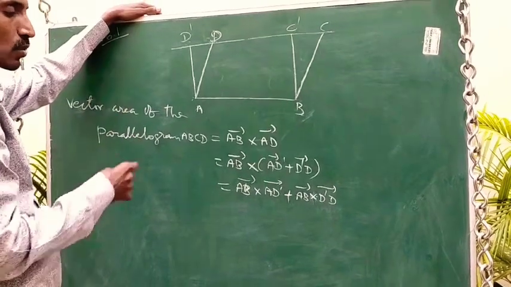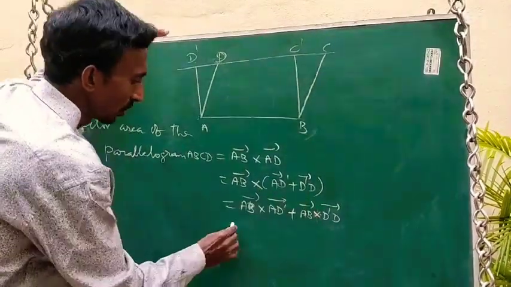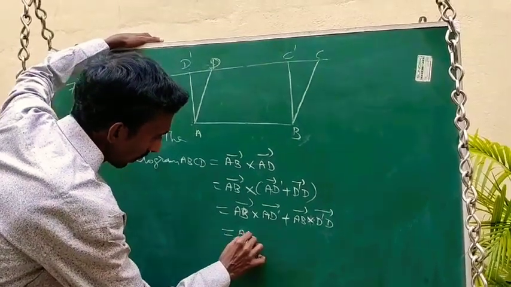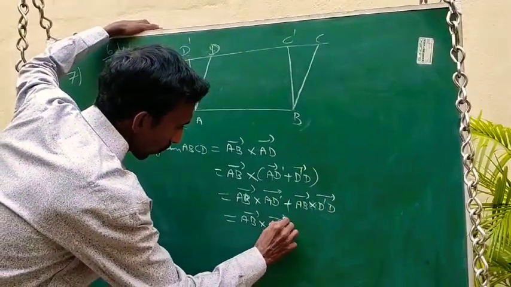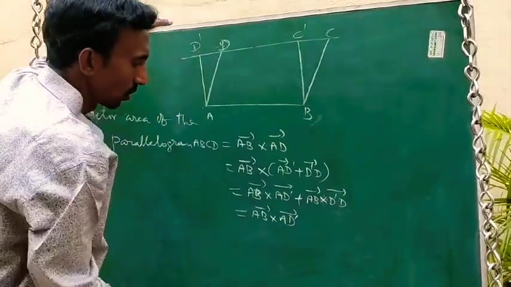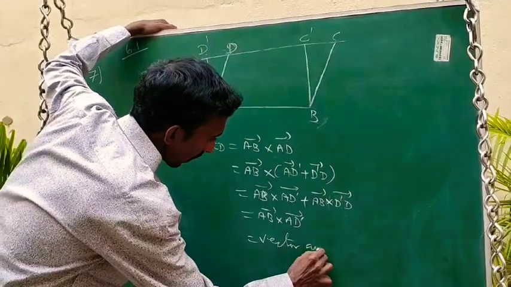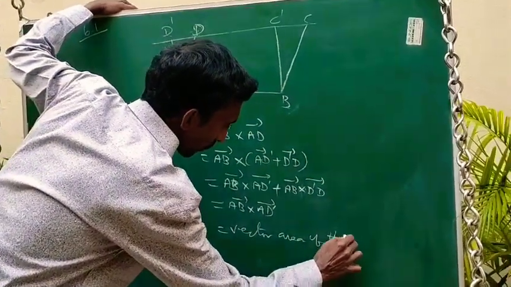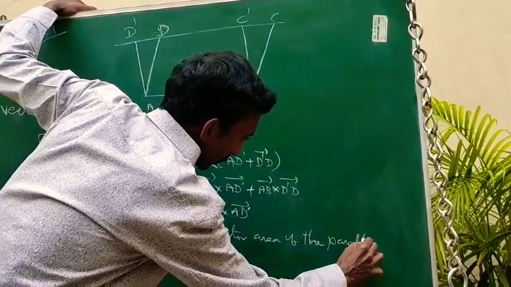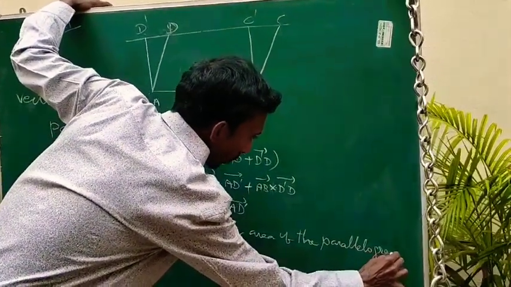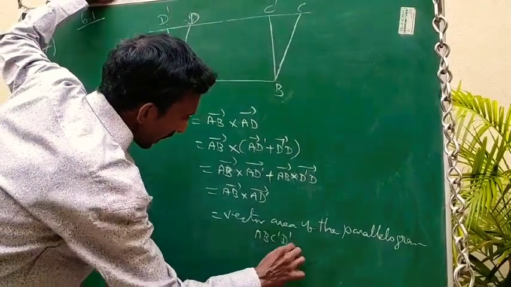Dot product means it is 1, but here cross product of same vectors is 0. So AB vector cross D dash D vector is 0. So it is nothing but the vector area of the parallelogram A, B, C dash, D dash.